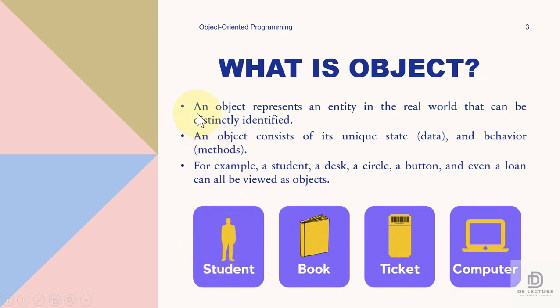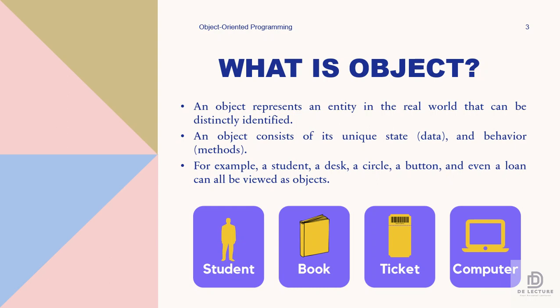So an object is anything that you can find in the real world, anything with a physical existence. An object consists of a unique state and behavior. What does it mean by state and behavior?